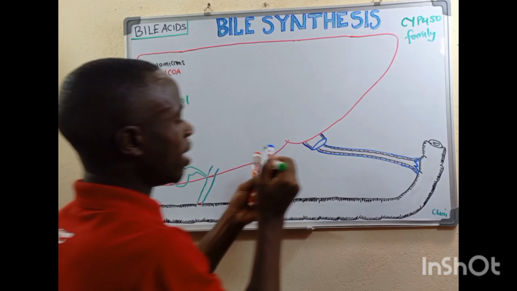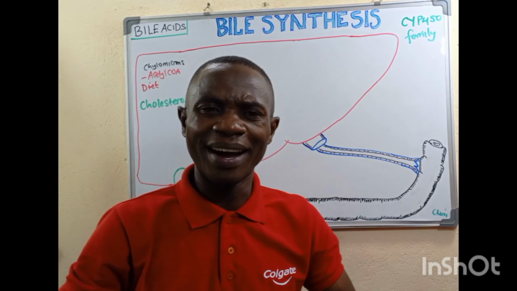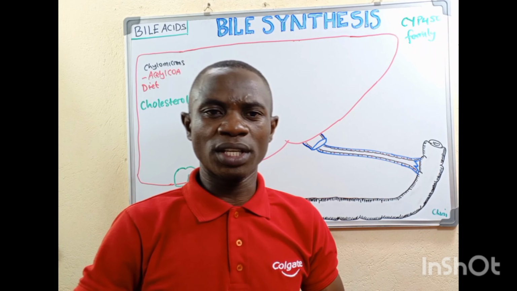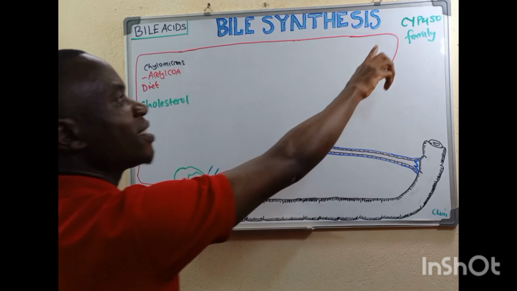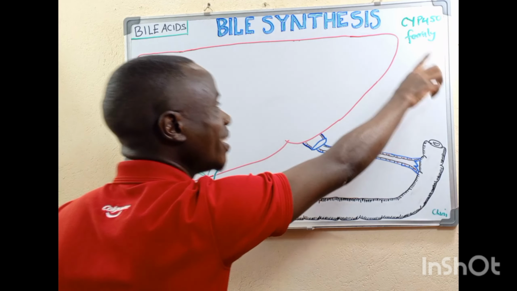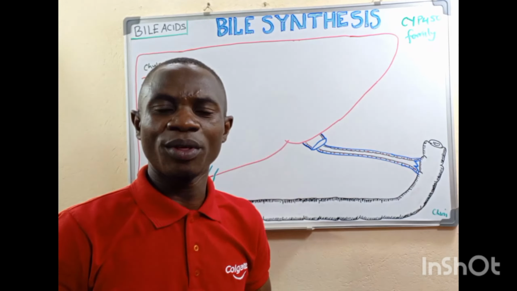Okay, so now this family of enzymes is in the liver and it's going to be catalyzing metabolism of different processes within the liver. On that way, some of the enzymes that are part of the cytochrome P450 family are going to be breaking down the cholesterol into the bile acids.